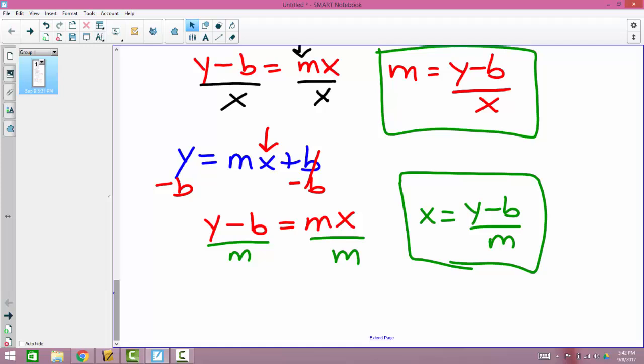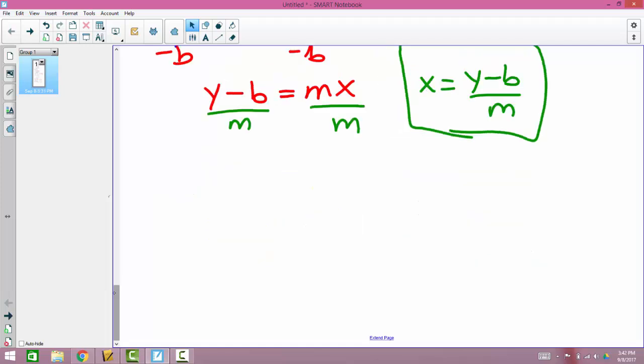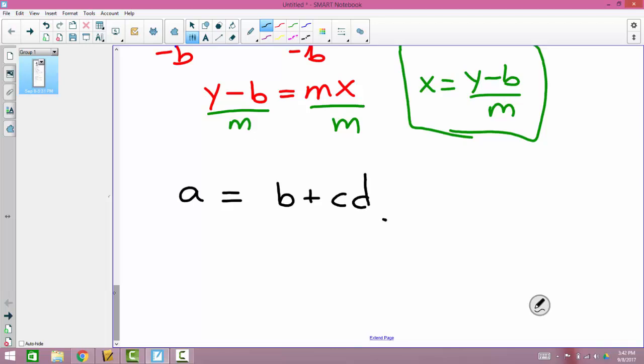I'm going to give you one to try. And we'll just make this totally random letters. This has no meaning. A equals B plus CD divided by E. See if you can solve for B. Go ahead and hit pause.